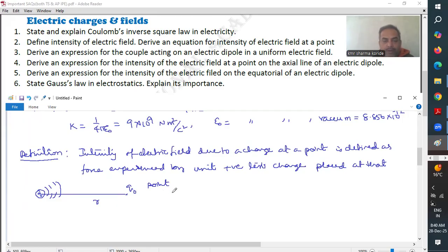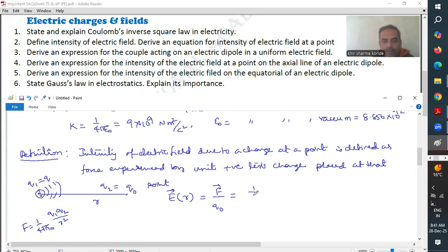From the definition, mathematically, the intensity of electric field at a distance r, E, is a vector quantity, force by Q naught. In Coulomb's law, we got F equal to 1 by 4 pi epsilon naught Q1 Q2 by R square. What are Q1 and Q2 here? In this case, Q1 is Q and Q2 is Q naught.